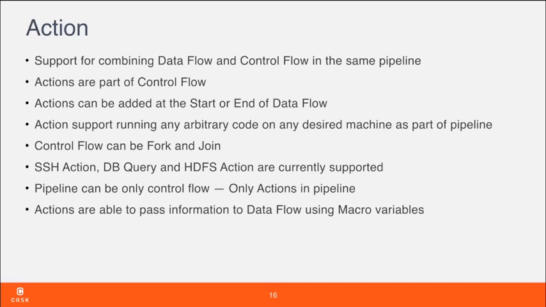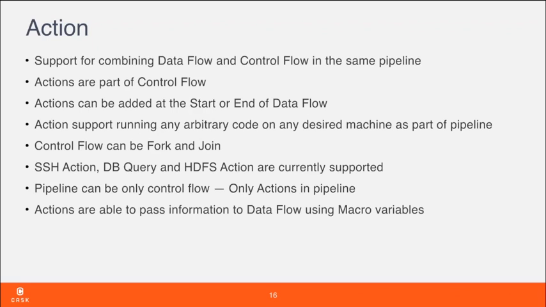That action node has moved the data from a remote machine onto HDFS, and it passes the information of the files that have been moved to the source that is going to be reading the file. At that point the data starts getting processed as part of the data flow, doing record by record transformations after that.